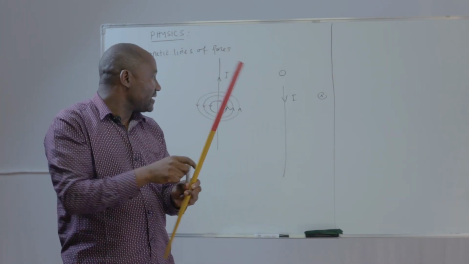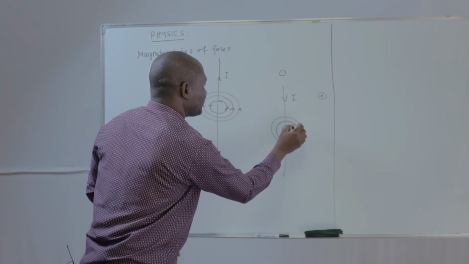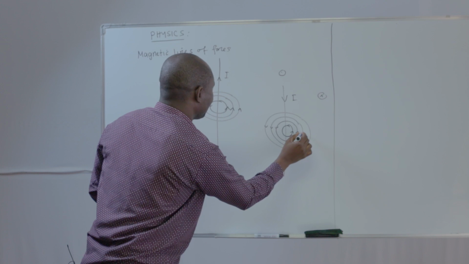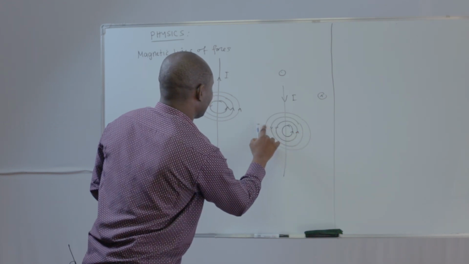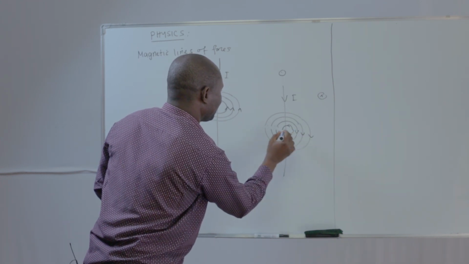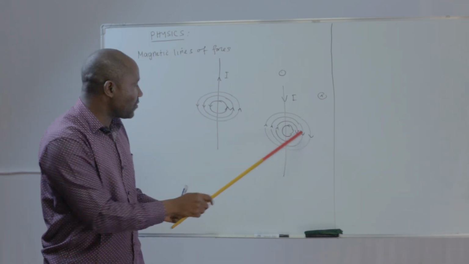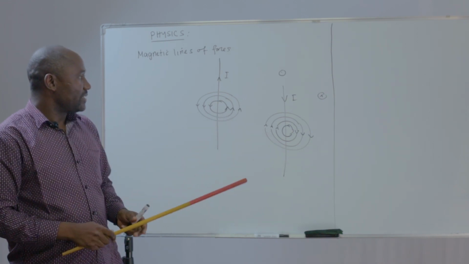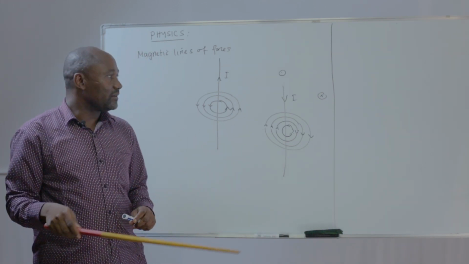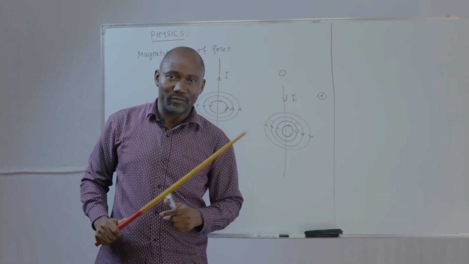So the current is downward, while the other fingers show the field. Okay, this is clockwise, this is anti-clockwise. That's how you can find the direction of the magnetic lines of force on a conductor using the Fleming's right-hand grip rule.